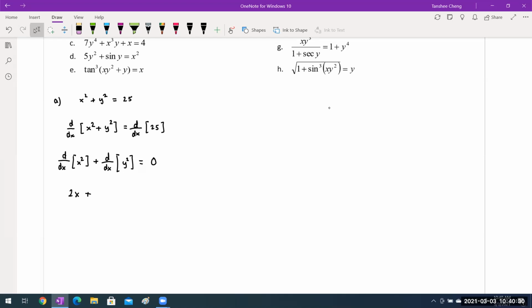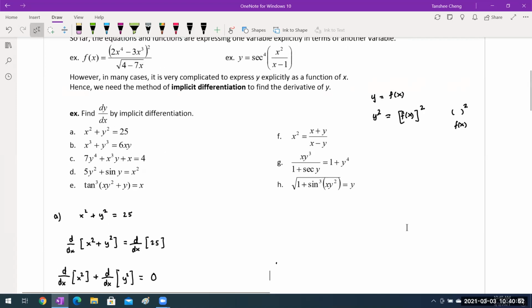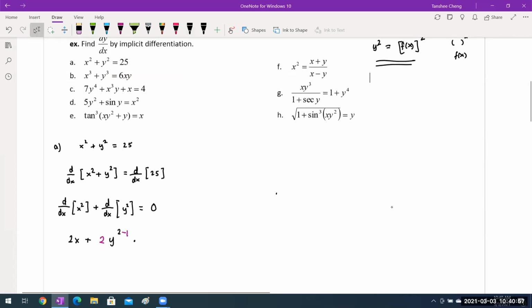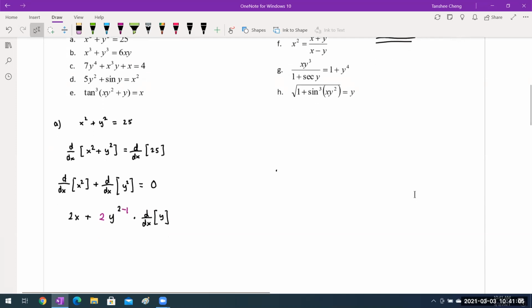So first we take the derivative of the power, which gives us 2y, taking away 1 from the power, and then times the derivative of the inside function. The inside function is y, because you need to look at y as a function of x, so that is the derivative with respect to x of y. Don't forget, the right side of the equation is 0.